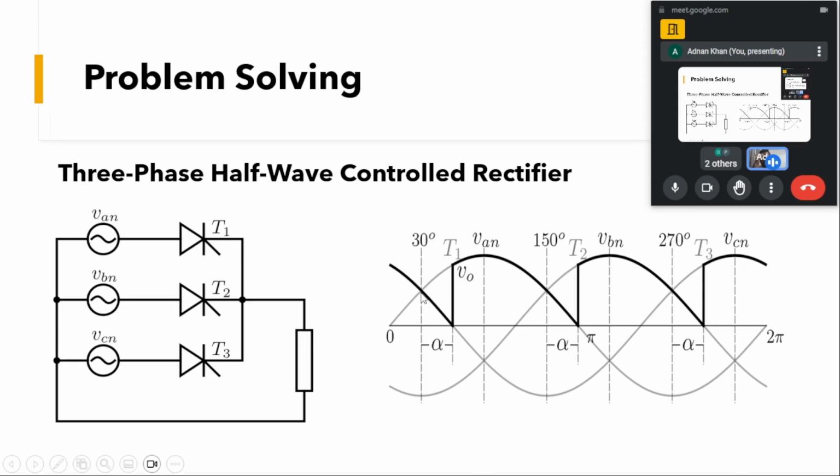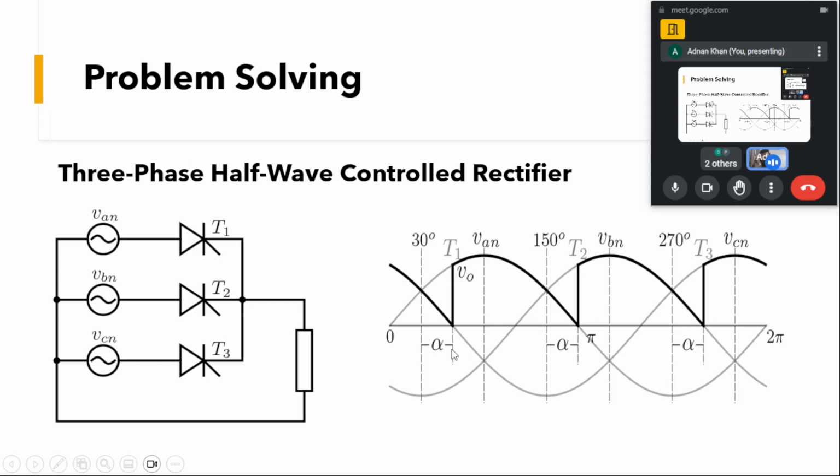So at this 30 degree will be the point of natural commutation for T1, at 150 degree the point of natural commutation will be for T2, and 270 degree it will be for T3. But our devices are being turned on after an instant, let us say alpha.